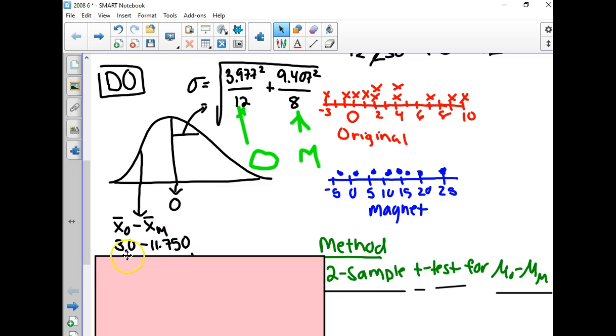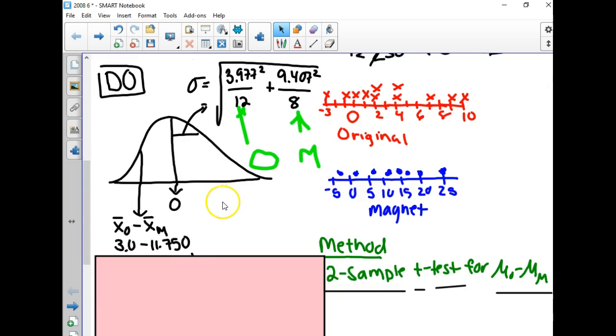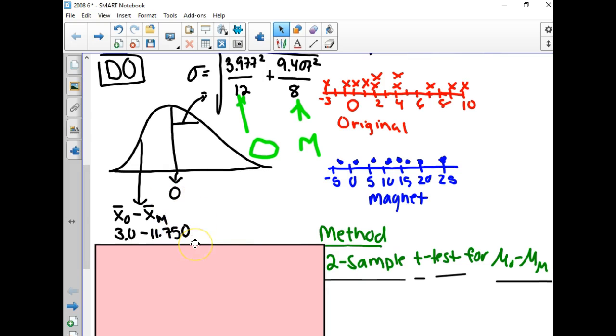X bar of my original minus X bar of my magnet. And again, I stayed consistent to what's going on with my null hypothesis, how I'm writing this. Now, I want my magnet to be bigger. I already have evidence that the magnet is bigger. That's what we're trying to find a difference for. That's what we're trying to find evidence for.